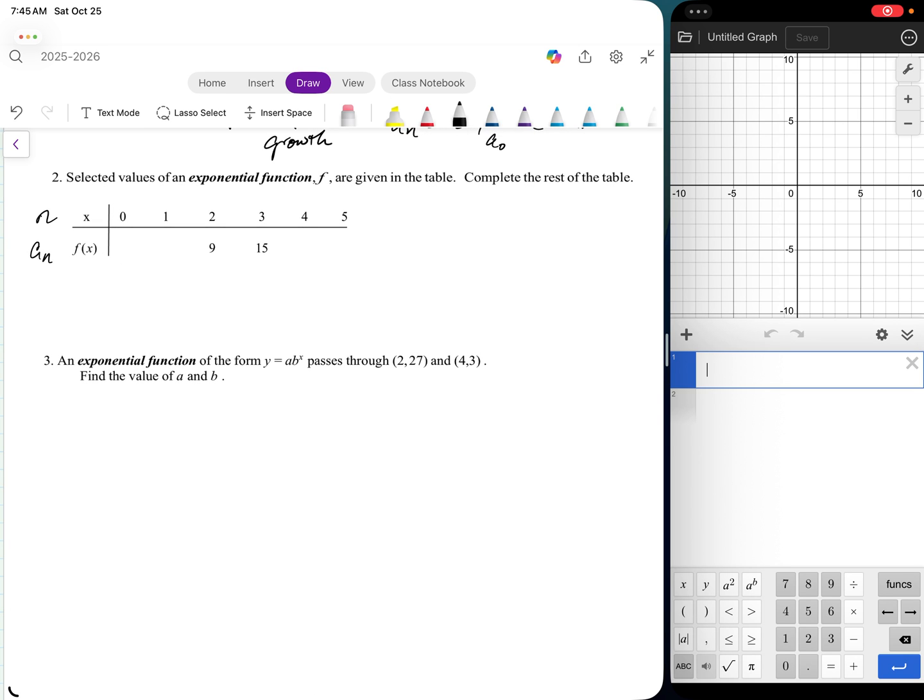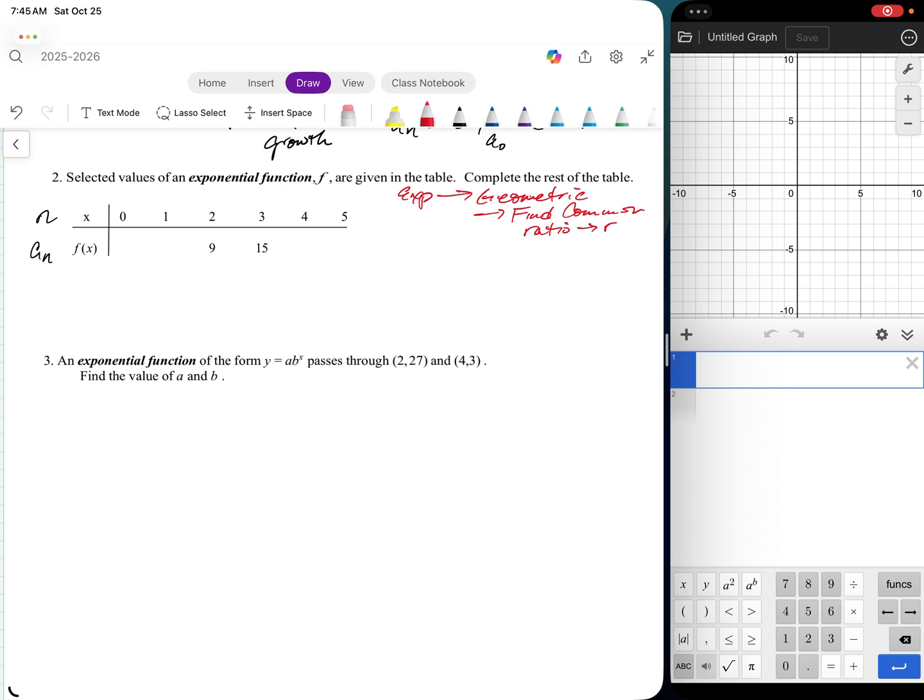Now, it's exponential, which means it's geometric. So remember that. Let me write that down. An exponential function means that it's geometric, which means we have to find the common ratio, which is called r.